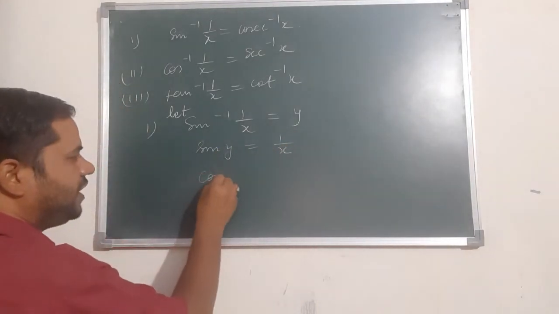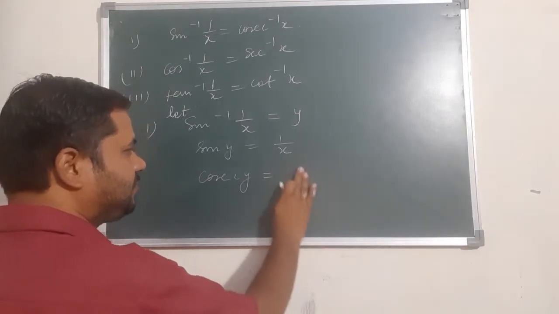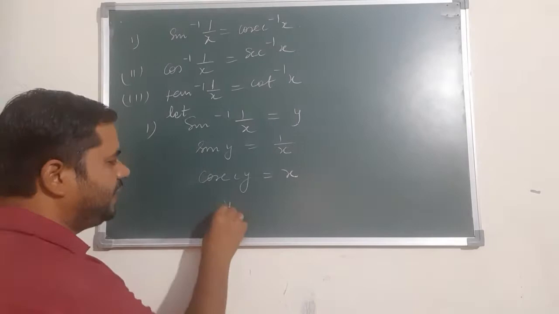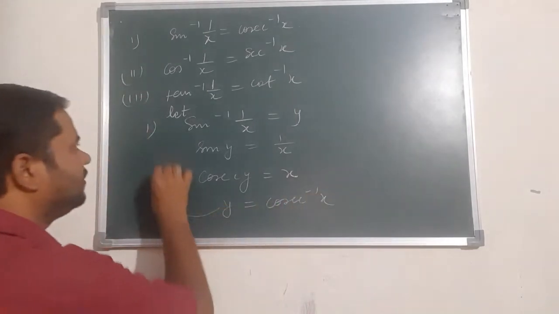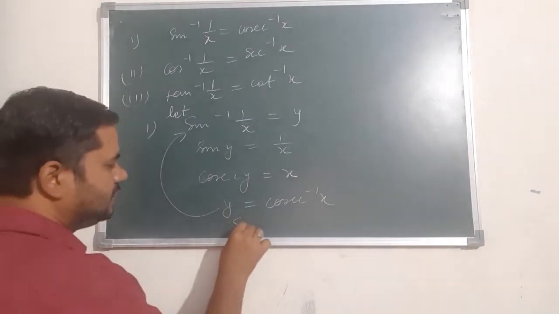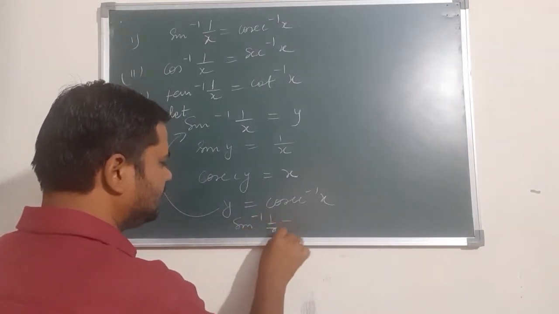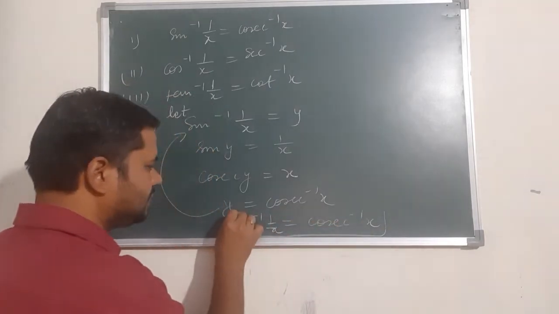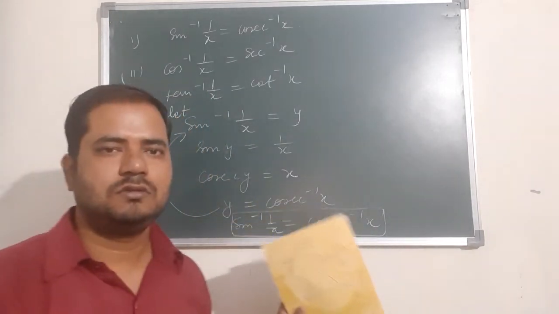So cosec y, if you write here, is the reciprocal of this, so simply it is x. So y is equal to cosec inverse of x. And what is y? Y is sine inverse 1 upon x. So this is equal to cosec inverse x. So this we have to show here. Rest of them you have to do.